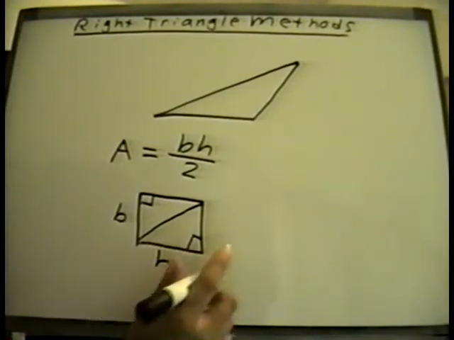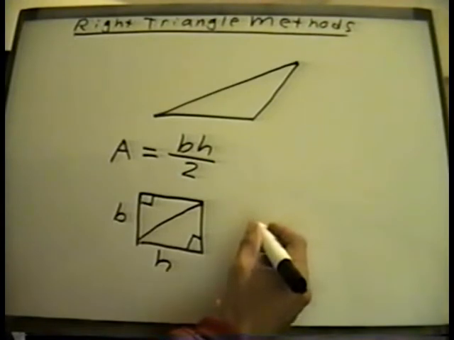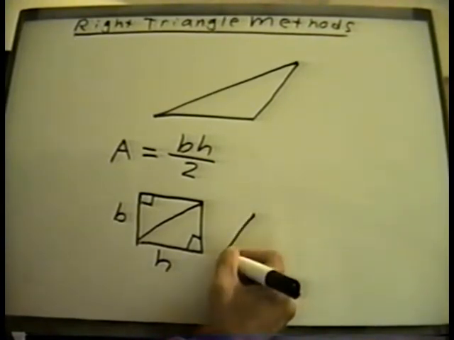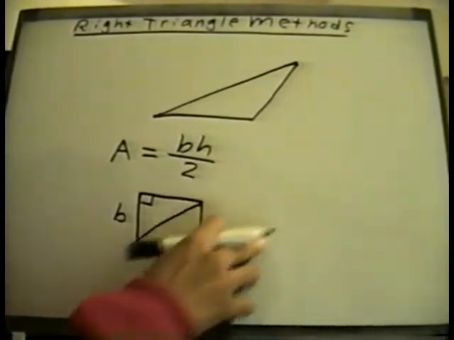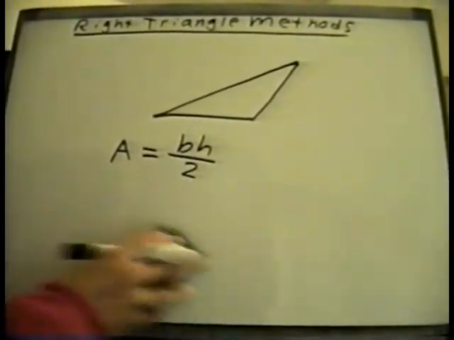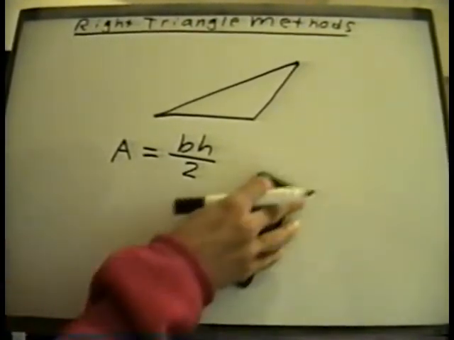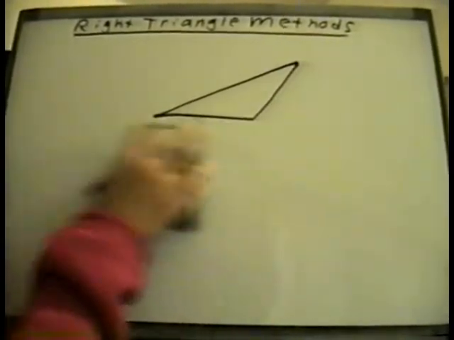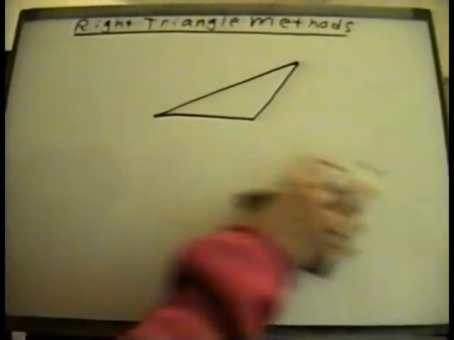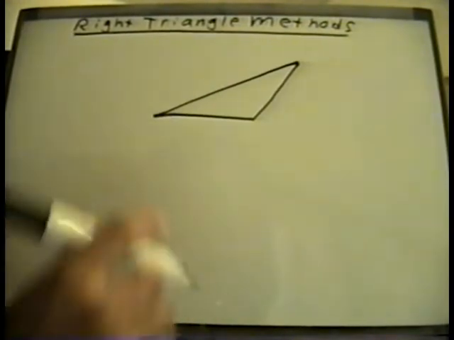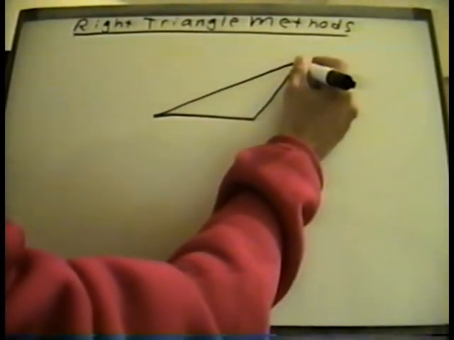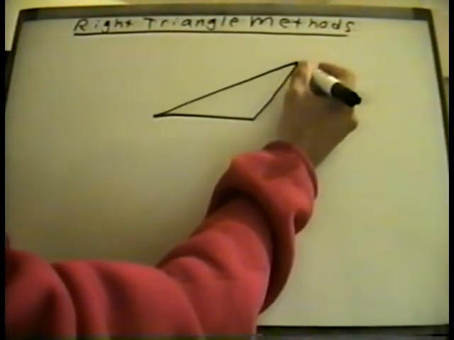Okay, now but this is for a right triangle. Now here, this is not a right triangle.